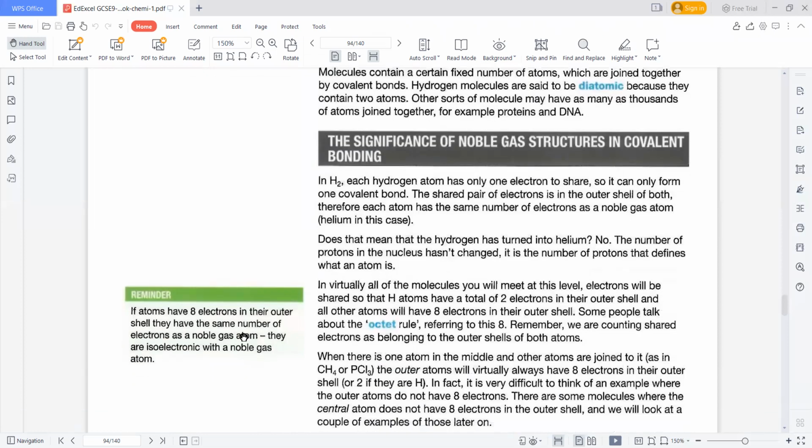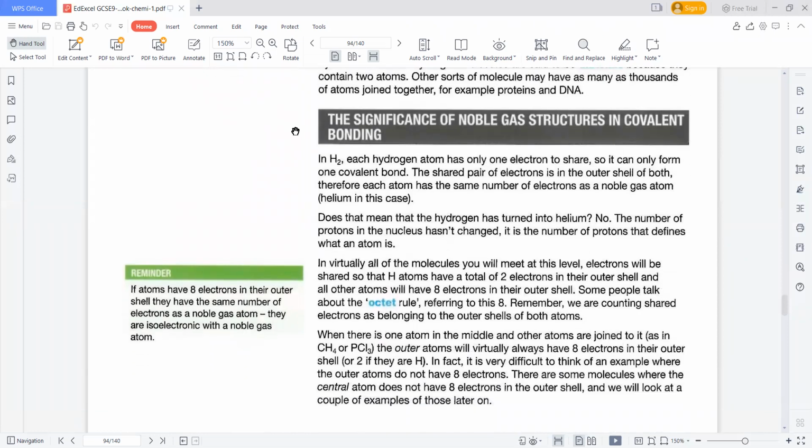Next, what is the significance of the noble gas structures in covalent bonding? A hydrogen atom has only one electron to share, so it can only create one covalent bond. When you make a bond between two hydrogen atoms, they give rise to a diatomic molecule.